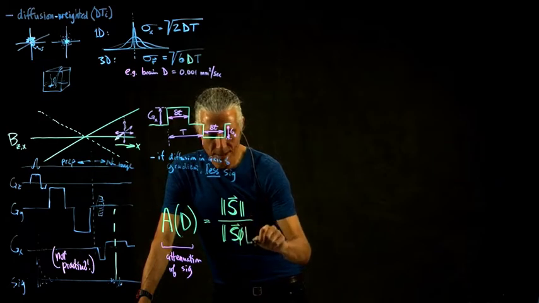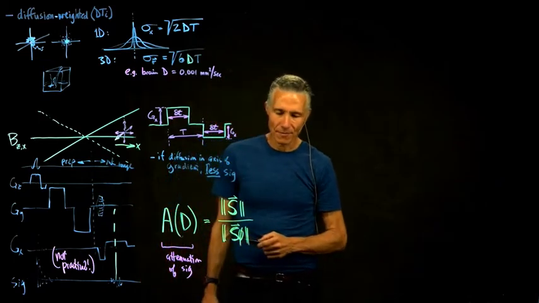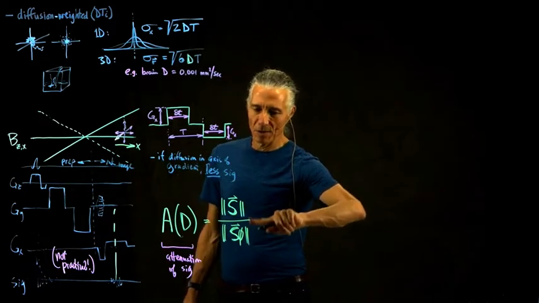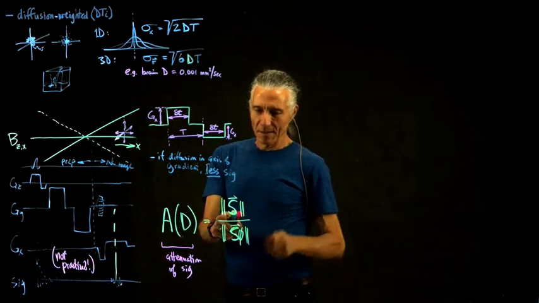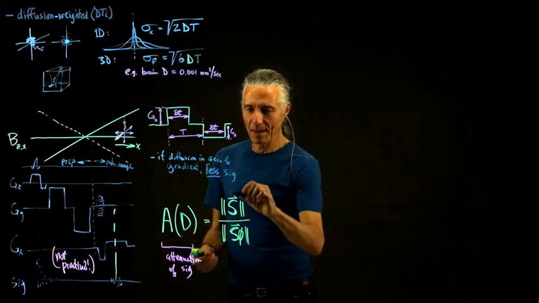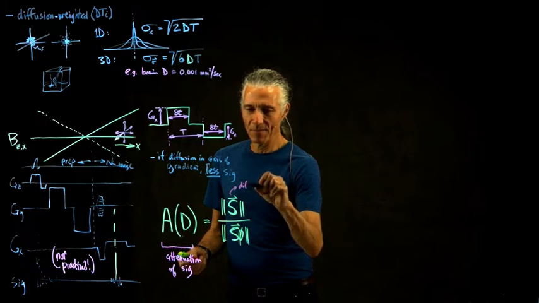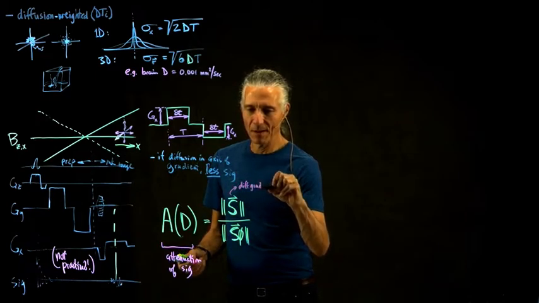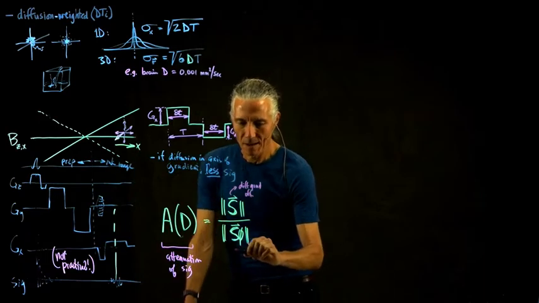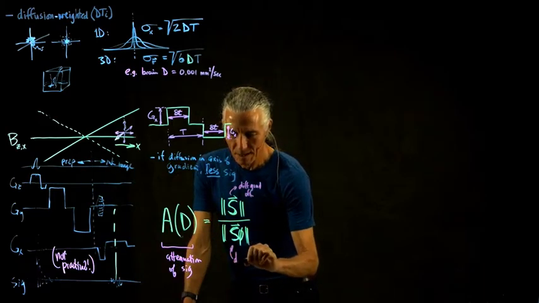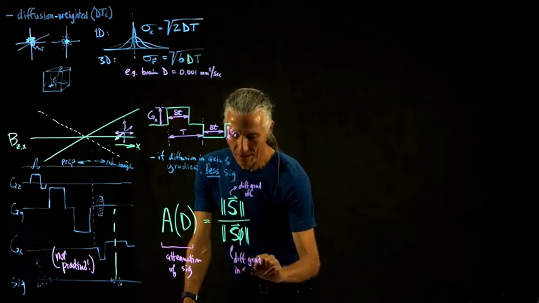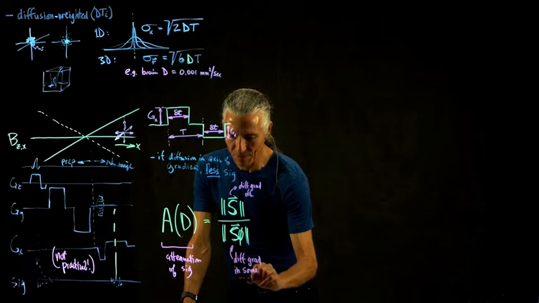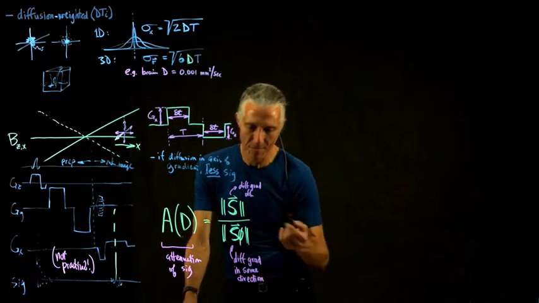So the attenuation equals this: diff grad off, and this is diff grad on in some direction. Obviously it's going to be different for different directions. We didn't say what direction, but some specific direction.